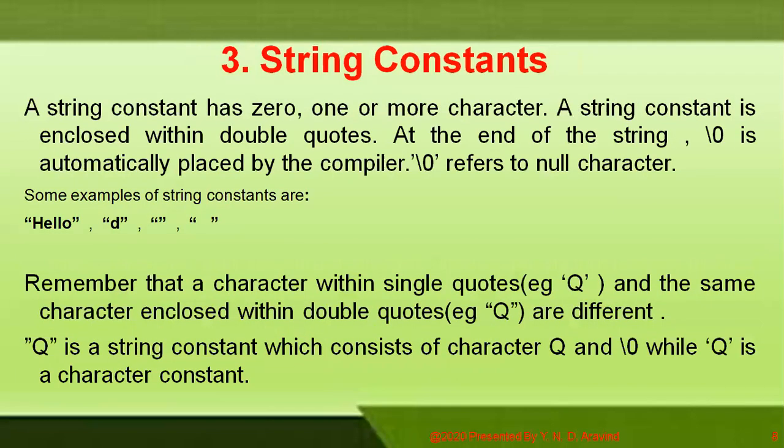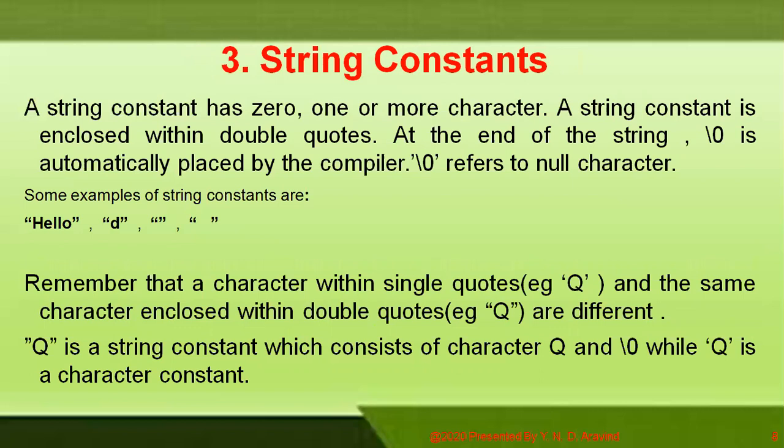Coming to string constant, a string constant is a collection of characters, digits, special symbols and escape sequences that are enclosed in double quotations. So a string constant has zero or one or more characters, and it is enclosed with double quotations.